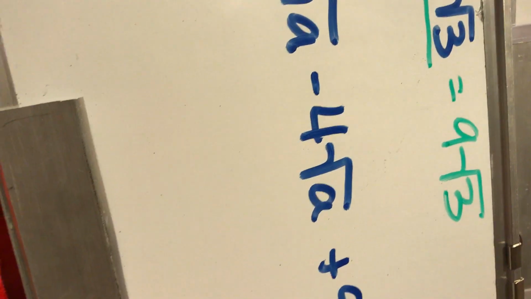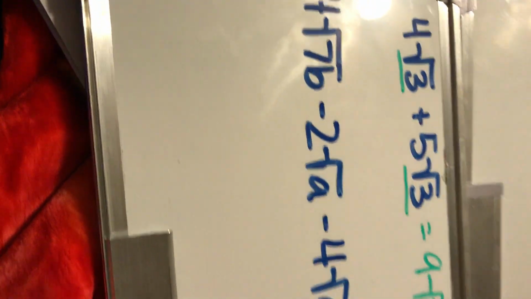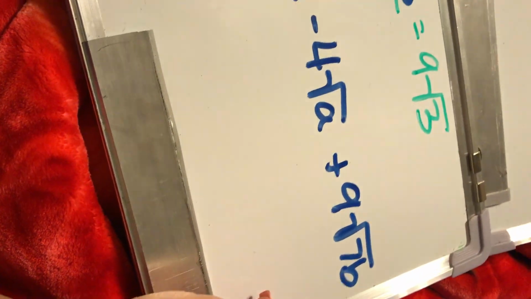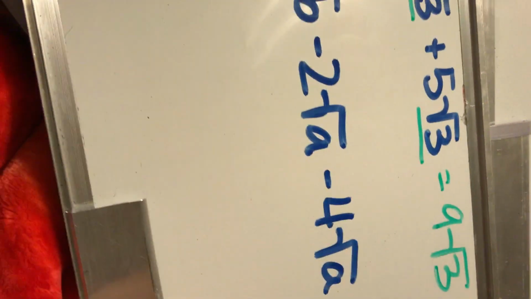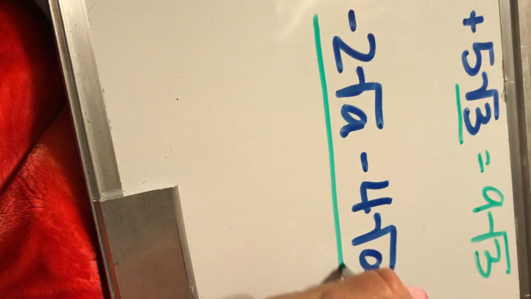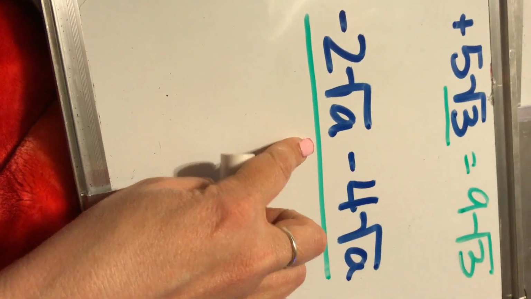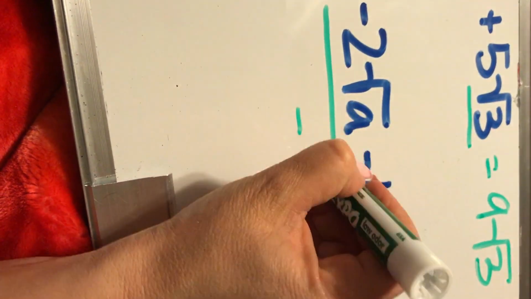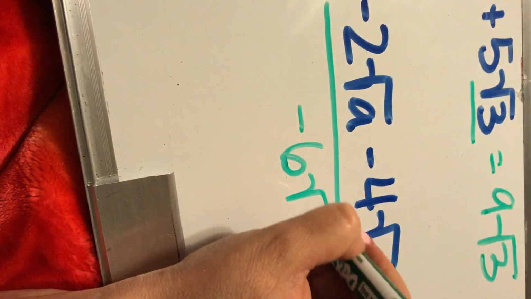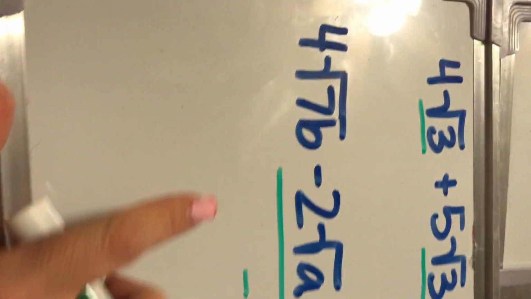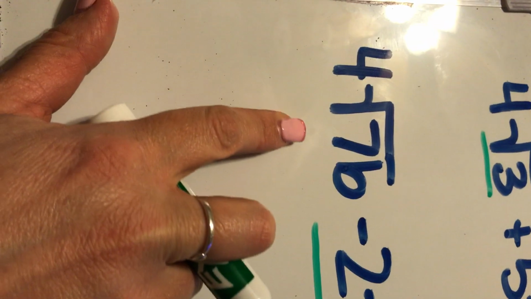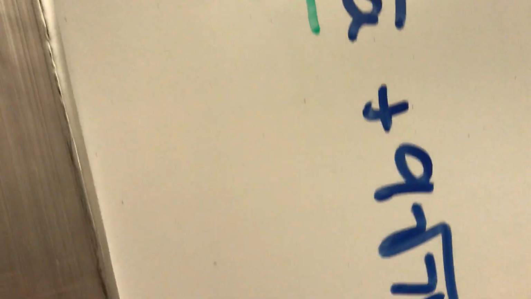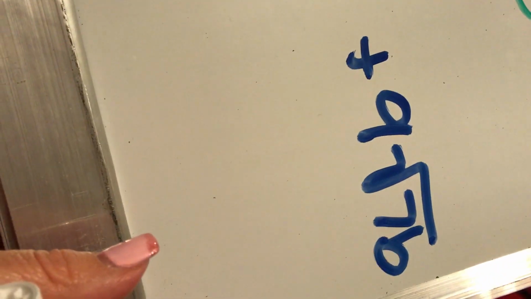Now, if you have several terms that are together, we're basically combining like terms. So here we have a negative 2 root a minus 4 root a. So this is negative 6 root a.